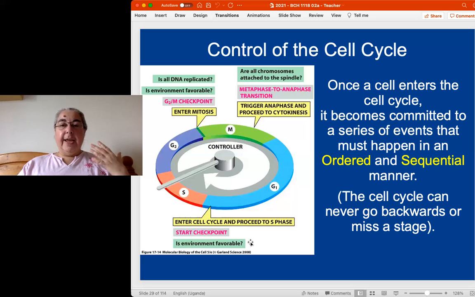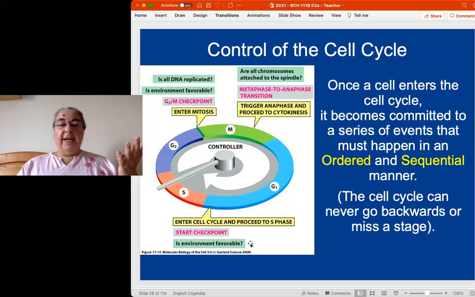Are the conditions around the cell good to allow the cell to divide? So if we're thinking about cell development in a multicellular organism, a favorable environment might be an environment where a hormone signal is telling that cell that it's time to divide. If we think of a yeast cell in a cell culture, the question might be, is there enough food for more cells?